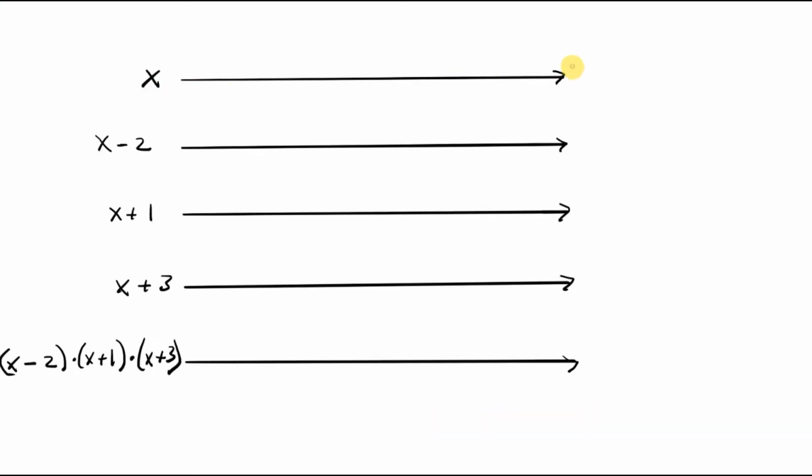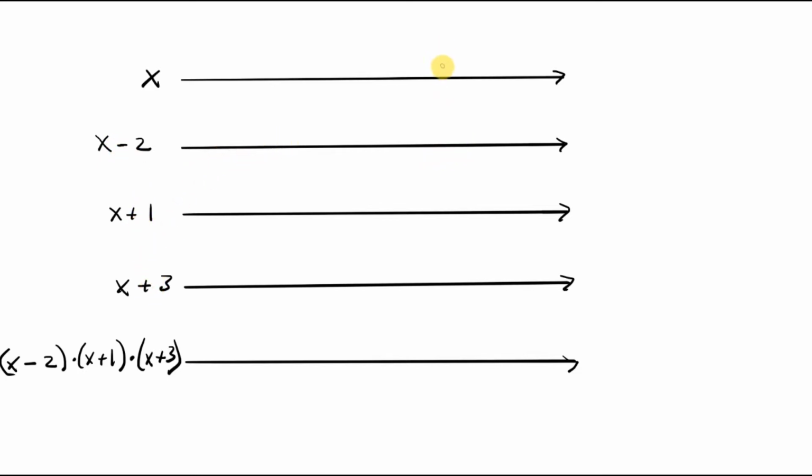So we write first one number line for x, then we write one number line for each of the first degree polynomials, or second degree if we have that. And then in the final row we write for the complete polynomial. We see here that we have zeros at 2, minus 1 and minus 3.